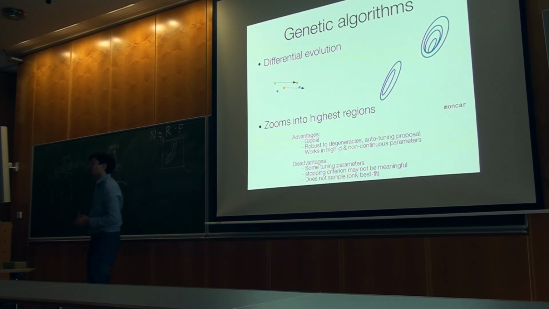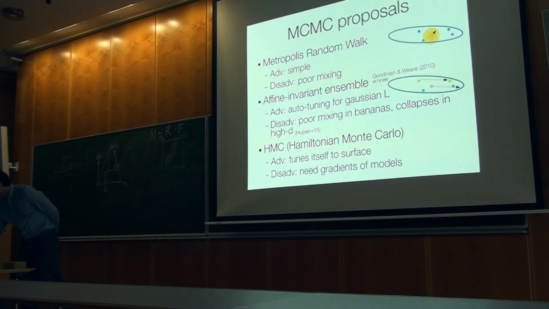But there's another advantage of MCMC and genetic algorithms: you can parallelize the thing. Especially with genetic algorithms, you can go really fast if you have 500 cores, because you have many populations starting at different parameter corners, and then you go to the center.